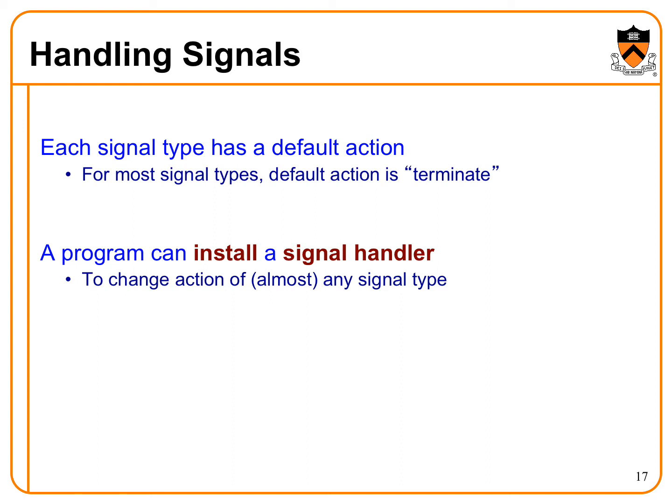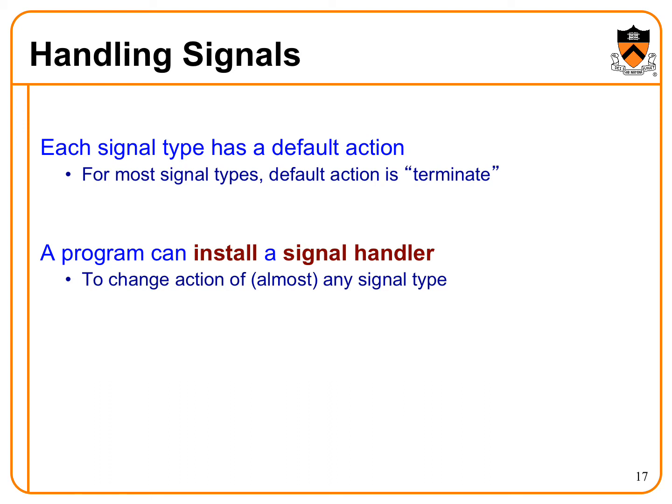Every signal has a default reaction. For many of them, it is terminating the process. And if you do man 7 signal, you'll get a table of all of the signals and their default actions. These actions might be terminating, it might be ignoring the signal, it might be stopping the process, or it might be continuing the process if it's currently stopped.